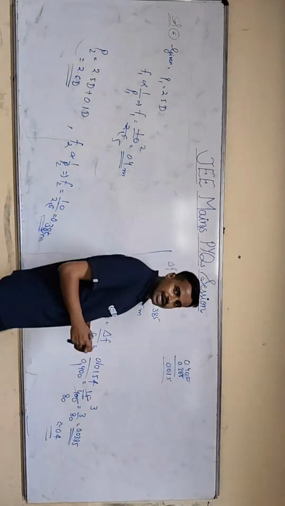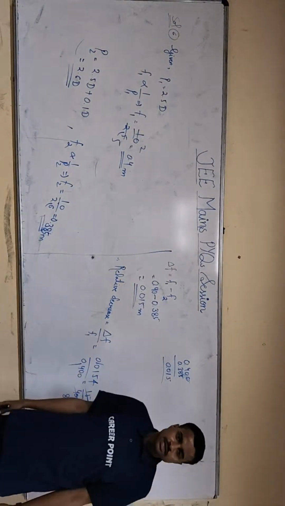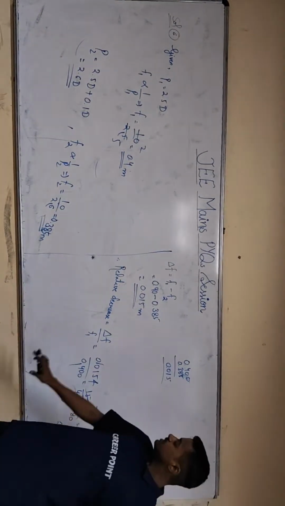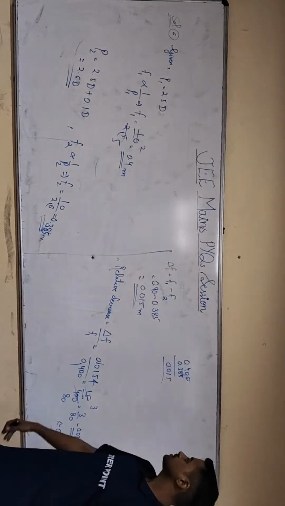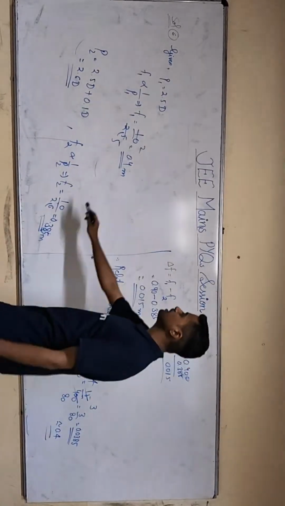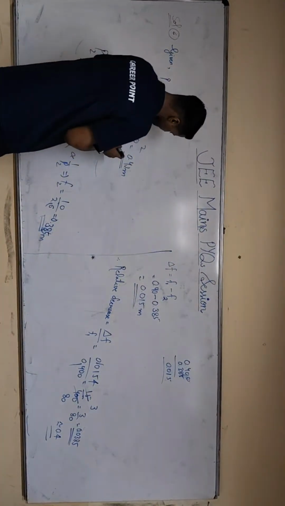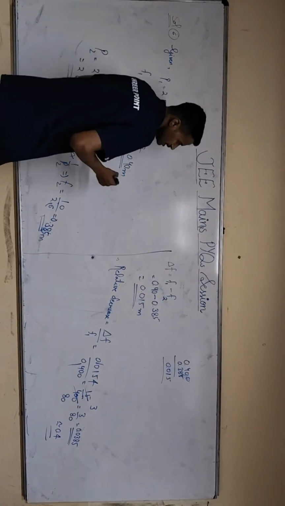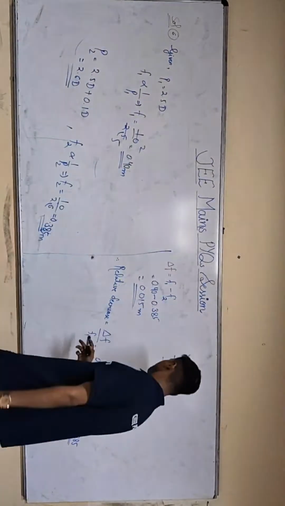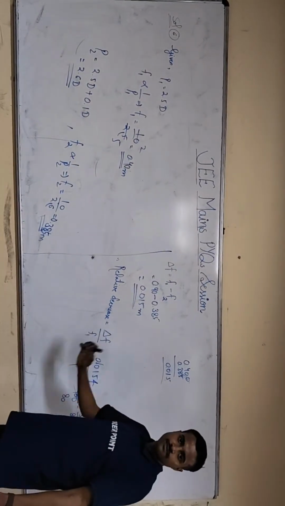Now we have to calculate the change in F, because the relative decrease is the ratio of change in F with respect to the original focal length. So it is F1 minus F2: 0.4 minus 0.385, which becomes 0.015 meter.